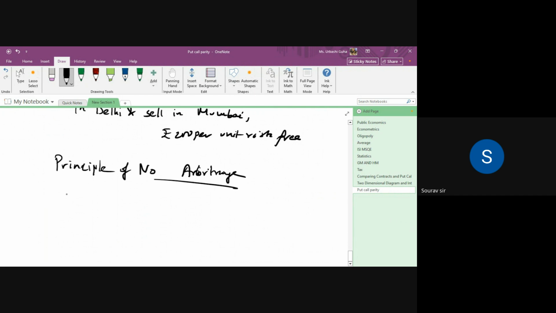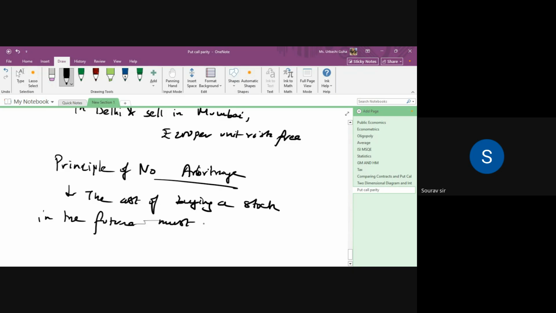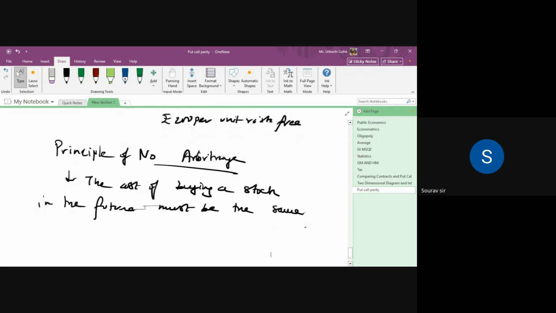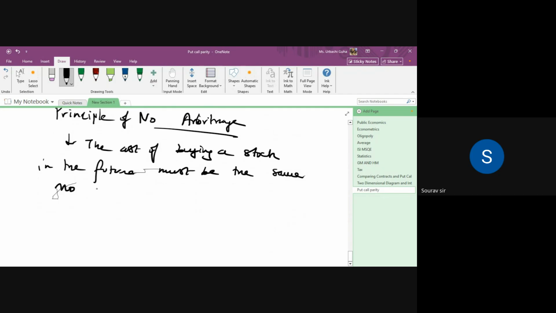That means the cost of buying a stock in the future must be the same no matter how you structure it. Okay, so there is outright purchase, forward contract, and synthetic forward. If one method were cheaper, investors would rush to use that method, creating arbitrage profit.